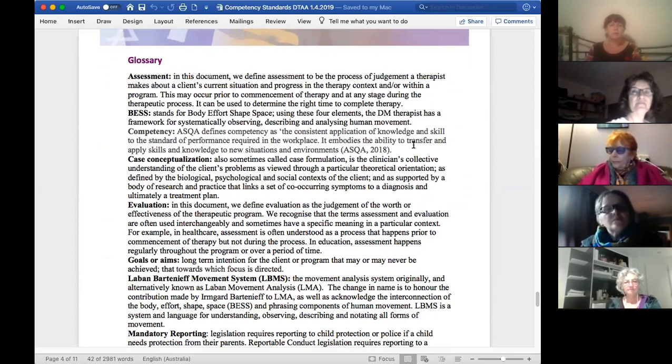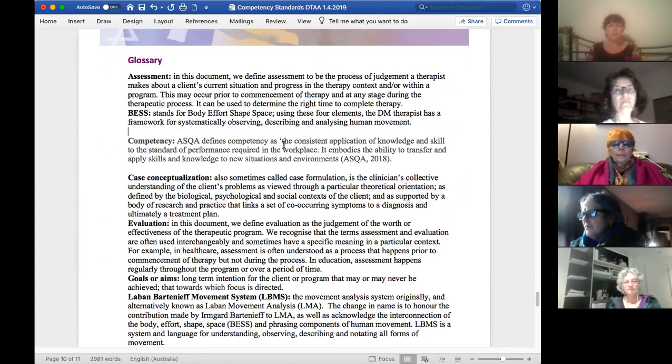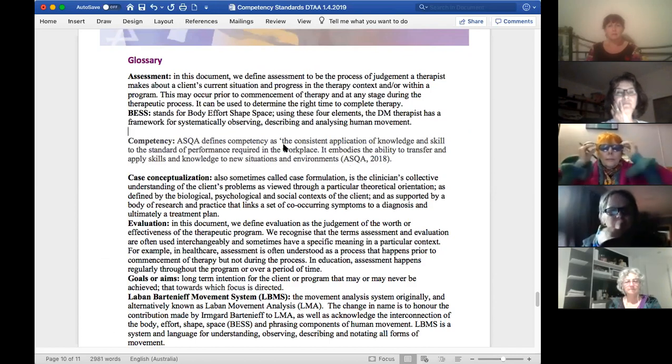Here is a definition which we have from ASQA, which is the Skills Training Authority for the National Government in Australia, defining competency as the consistent application of knowledge and skill to the standard of performance required in the workplace. It embodies the ability to transfer and apply skills and knowledge to new situations and environments.